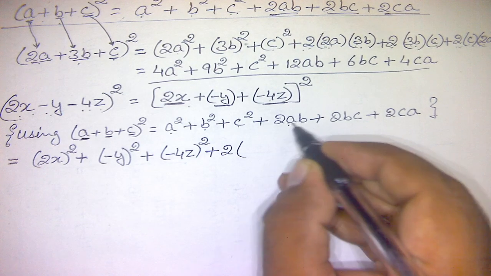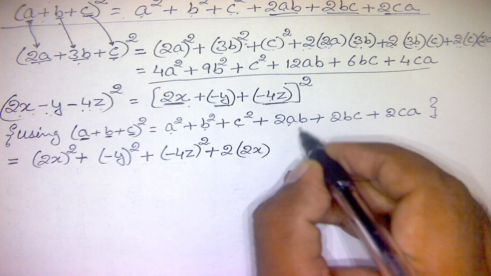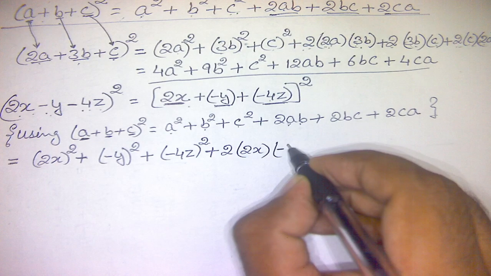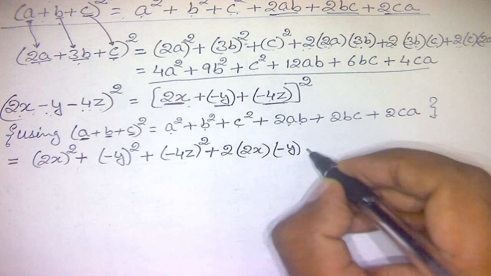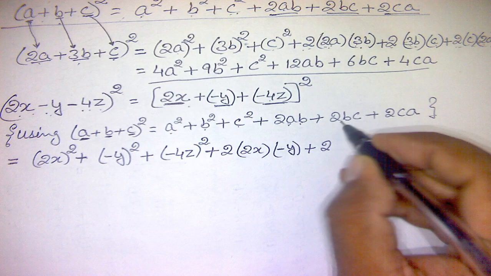of a into b. So what is a? It is 2x, multiply b, it is minus y now, then plus 2 multiply b into c.